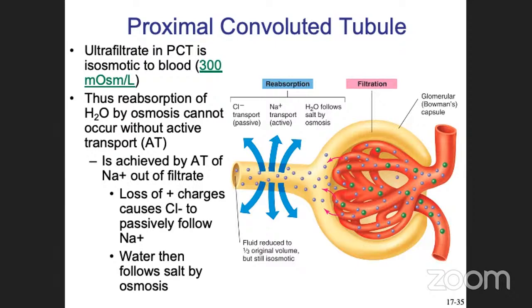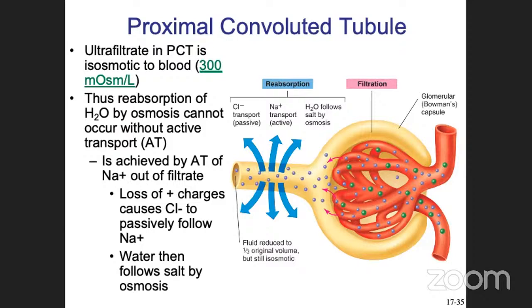water, glucose, and amino acids are the main components that have been reabsorbed at this stage. Some urea and some bicarbonate are also reabsorbed at this PCT.